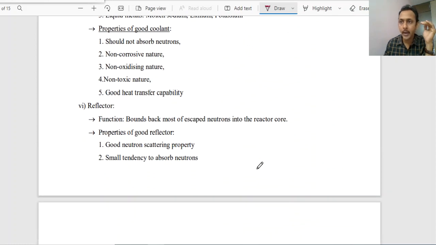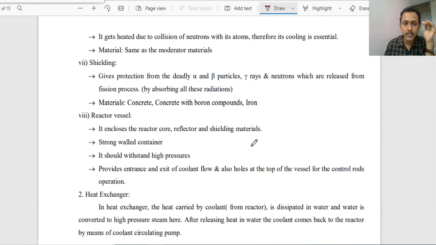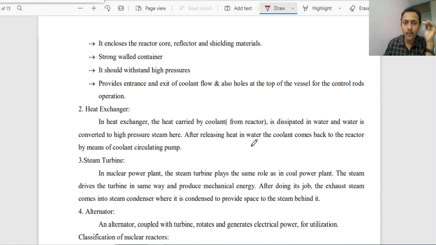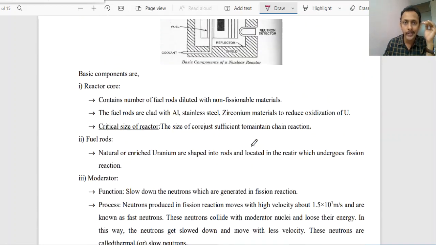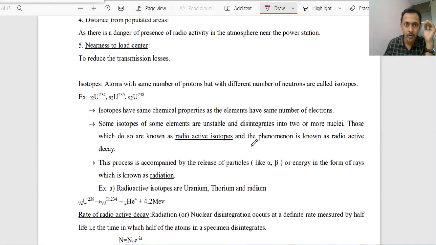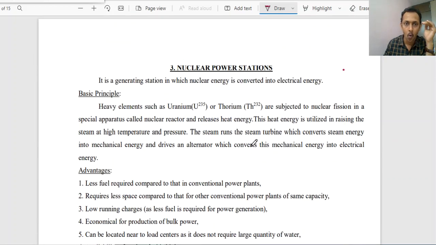What are the different materials used to make up all those components, and what is the functionality of a heat exchanger and alternator? Along with that, we are also going to discuss the advantages and disadvantages of a nuclear power plant in this video.